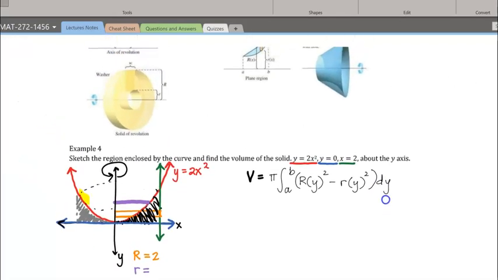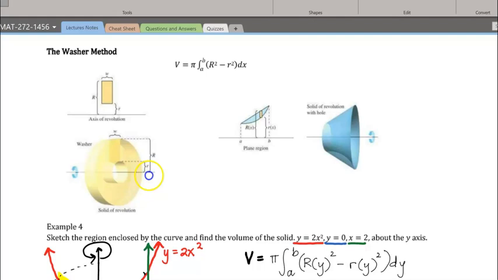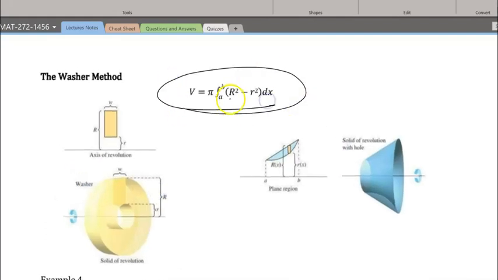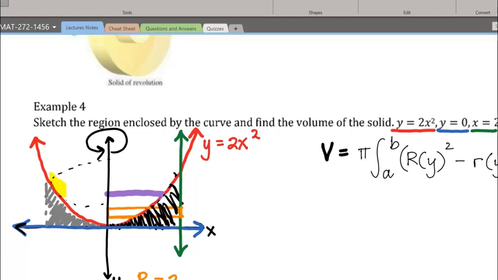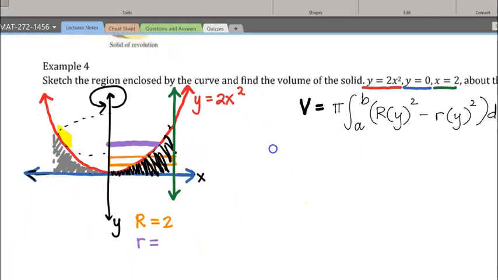Again, notice I don't just have one capital R squared. I'm now using the washer method where I have a capital R and a little r. It's all because of this space in here that is not included in the solid, the hollow space that we get in that region when we rotate it.